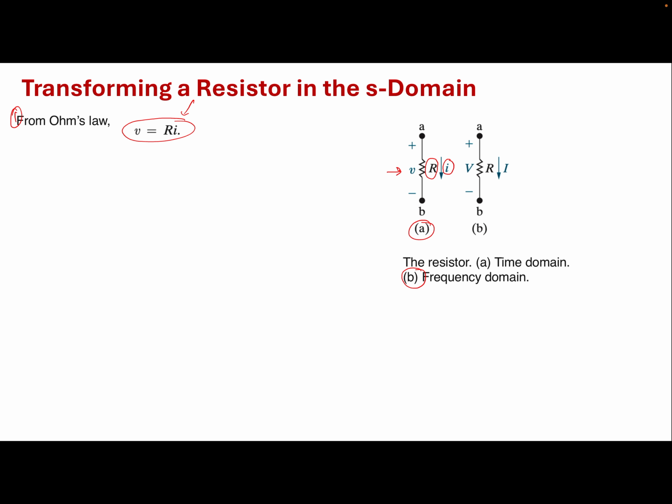So again, the first step is to write down the VI relationship. And the second step is to find the Laplace transform of that VI relationship. Now I have to apply Laplace transform to this.